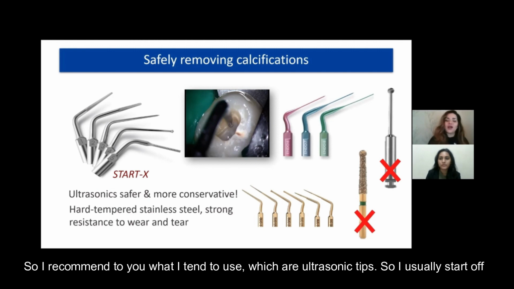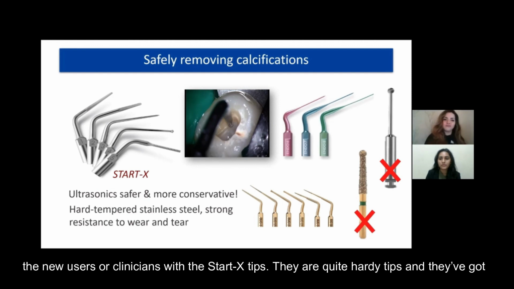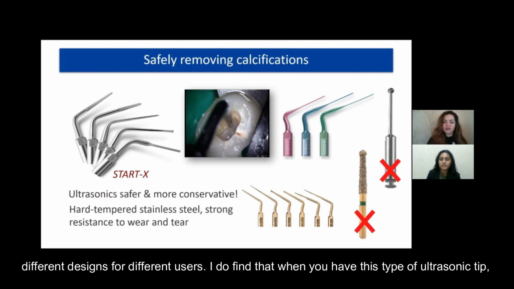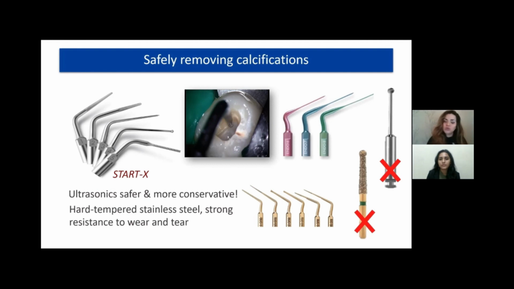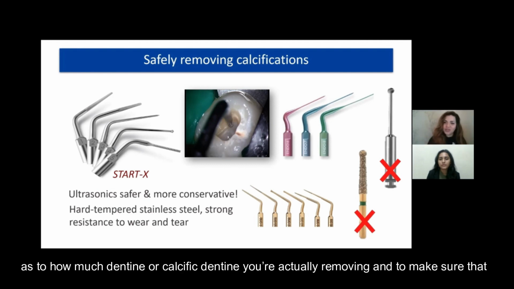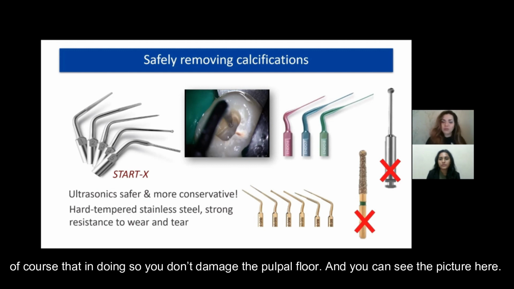I'd recommend what I tend to use, which is ultrasonic tips. I usually start new users or clinicians with the Start X tips. They are quite hardy tips, and they've got different designs for different uses. This type of ultrasonic tip is user-friendly for the clinician to position, giving more control over how much calcific dentine you're removing, so you don't damage the pulpal floor.